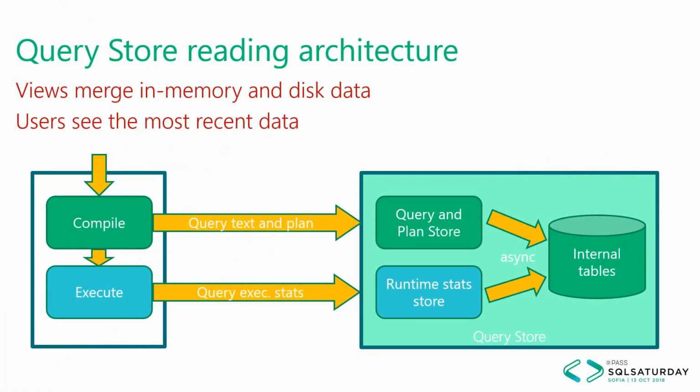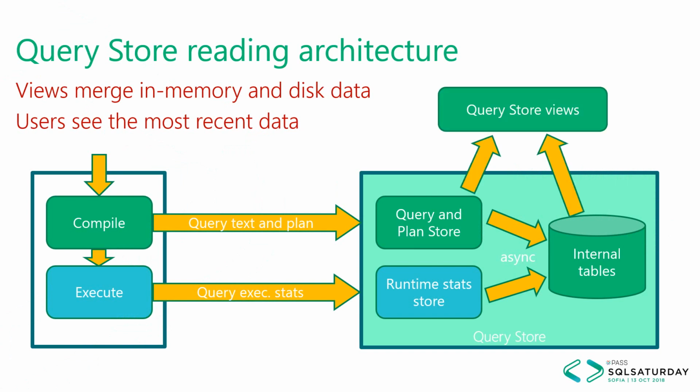We have the Query Store DMVs, which merge the information from the in-memory side to the internal tables, and they provide the information to us. We will always have the most current information when we query Query Store DMVs because they merge the information from both places.